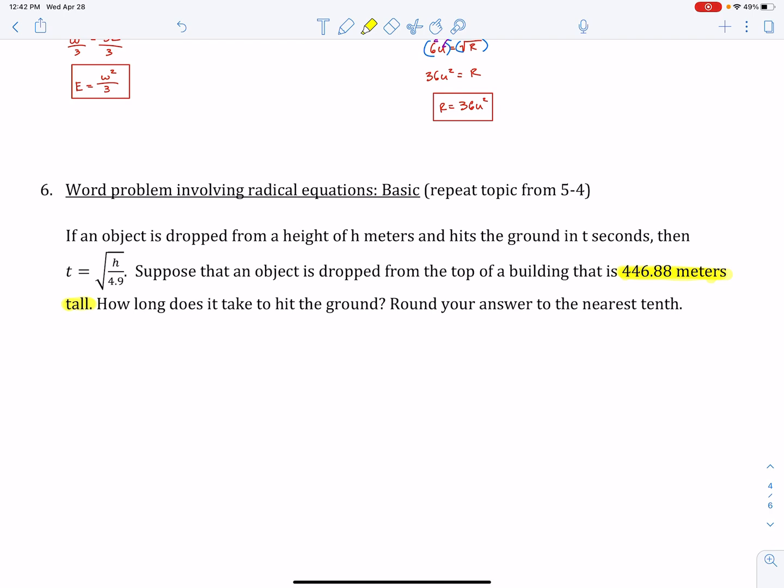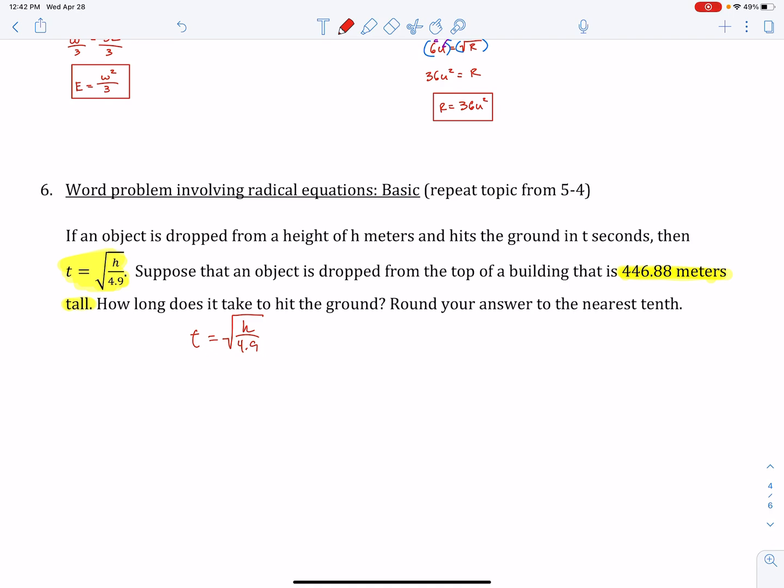So we're trying to figure out our time. So we're going to have to utilize this equation. Let's write that equation down. So t equals the square root of h over 4.9.